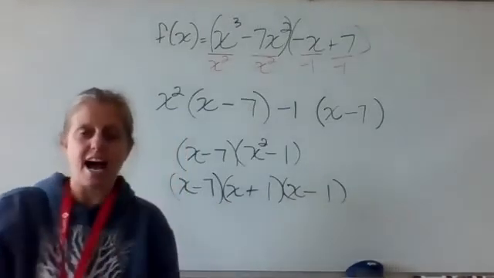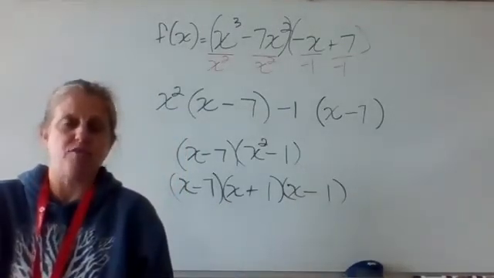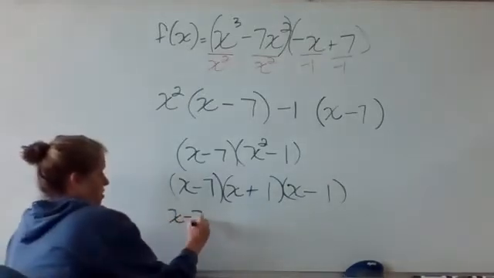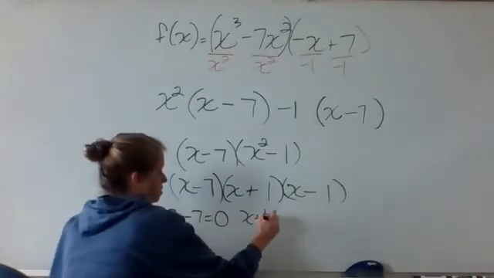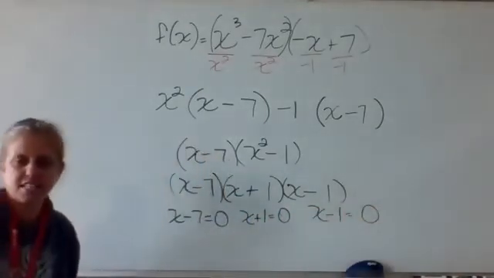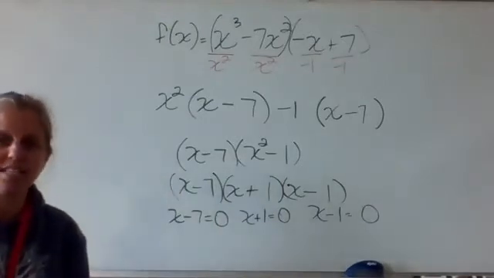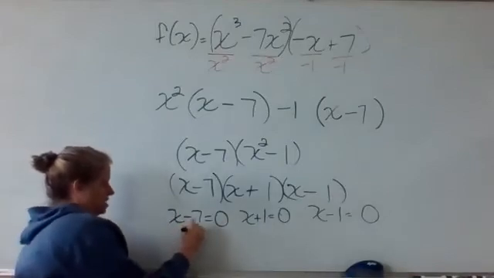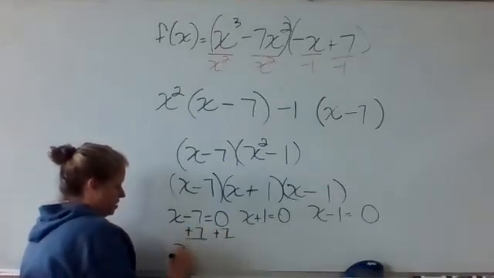None of the x's inside of those parentheses have exponents, which means these are your factors that you set equal to 0 and solve for x to get your 3 x-intercepts. So on this one, I'd have to get rid of your -7 with a +7.